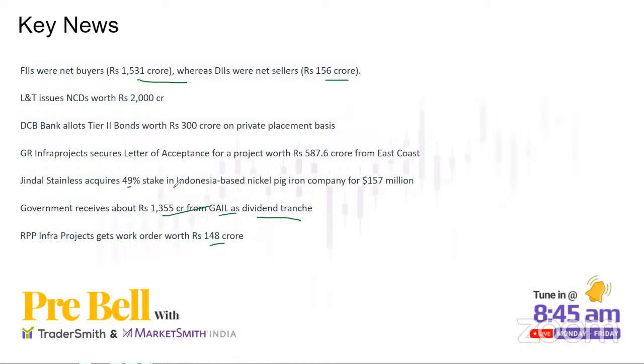Jindal Stainless acquired a 49% stake in an Indonesia-based nickel pig iron company for $157 million. GR Infraprojects got another project worth rupees 587 crores from East Coast. DCB Bank to allot tier 2 bonds worth rupees 300 crores on a private placement basis. And LNT, that is Larsen & Toubro, to issue NCDs worth rupees 2,000 crores.